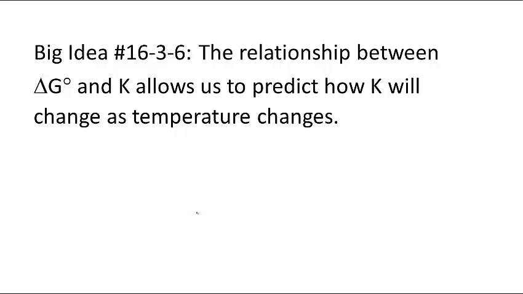Now, as you change the temperature of a reaction, the delta G naught value will actually change. Remember that delta G naught equals delta H naught minus T delta S naught.